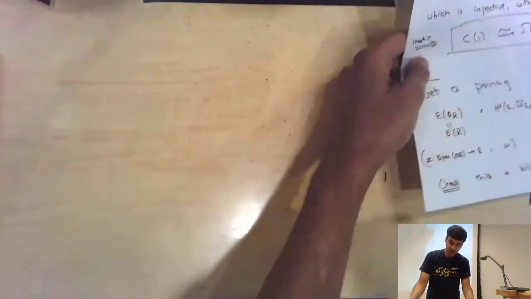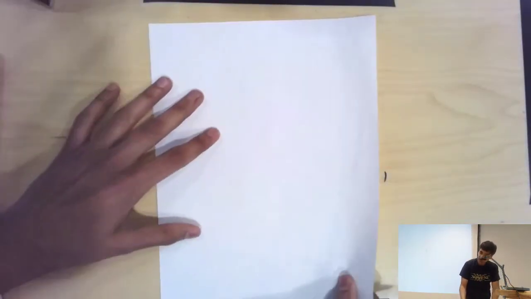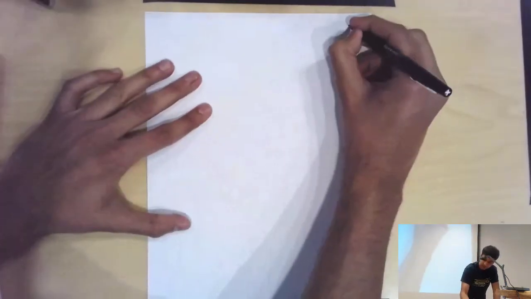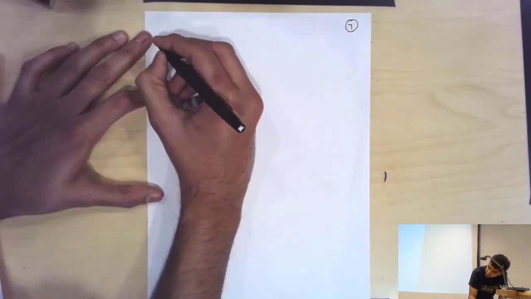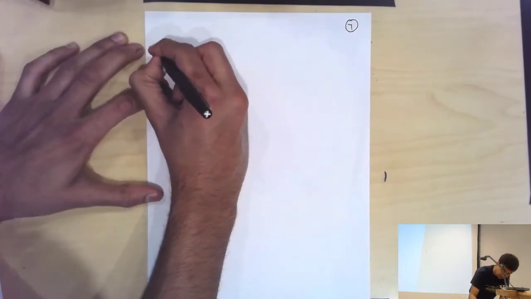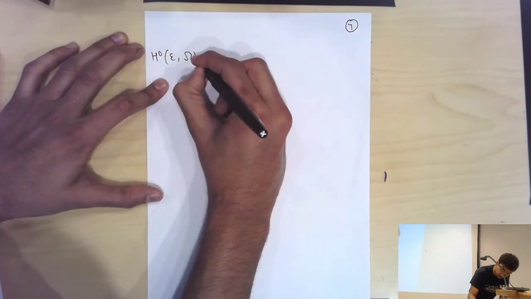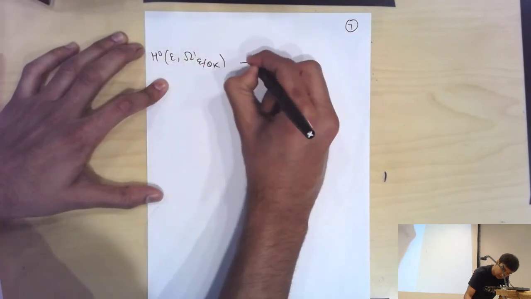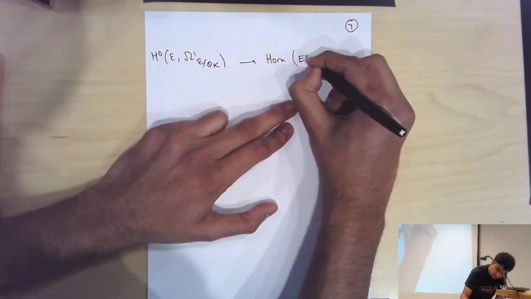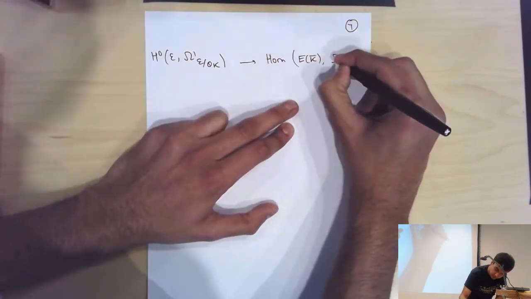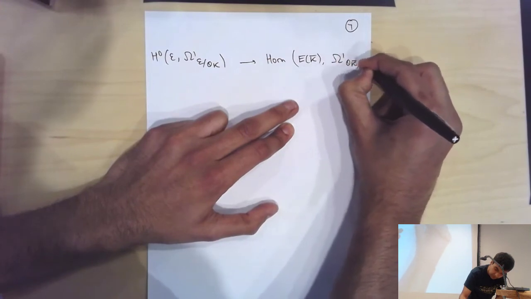And so as a result, you get a relation between the two objects you were interested in. So this was page 6, 7. And so the map I'm going to write down is a map from the one forms, so H0 of E, omega 1 of E over OK, maps to homomorphisms from E of K bar into omega 1 of OK bar over OK.